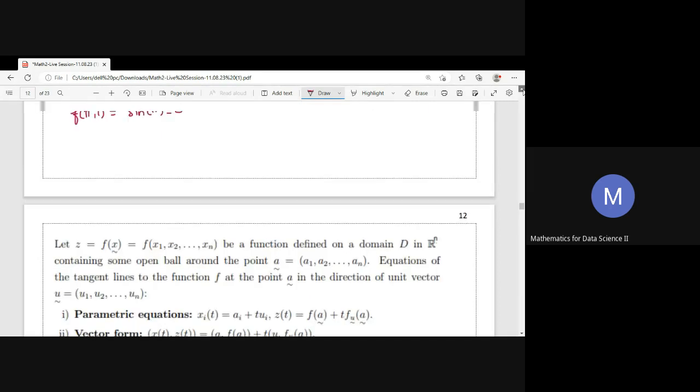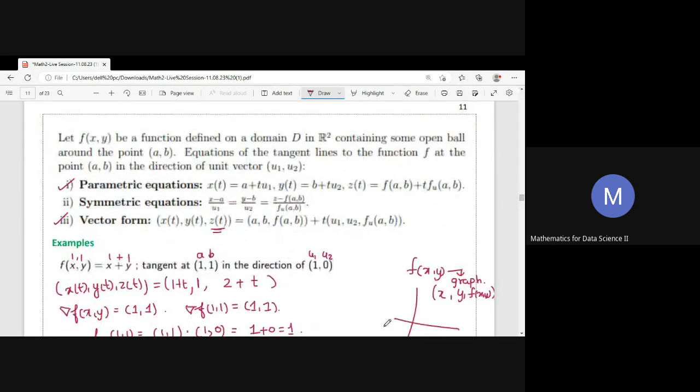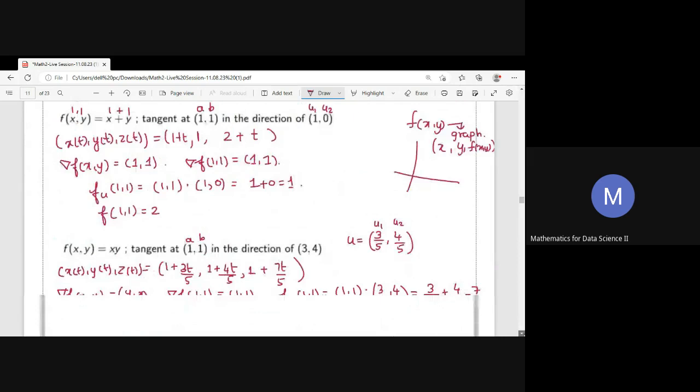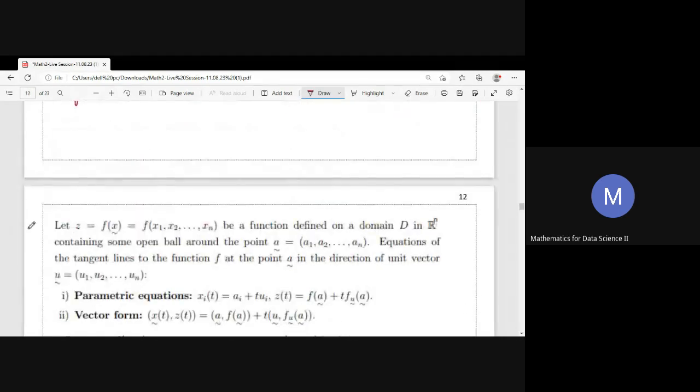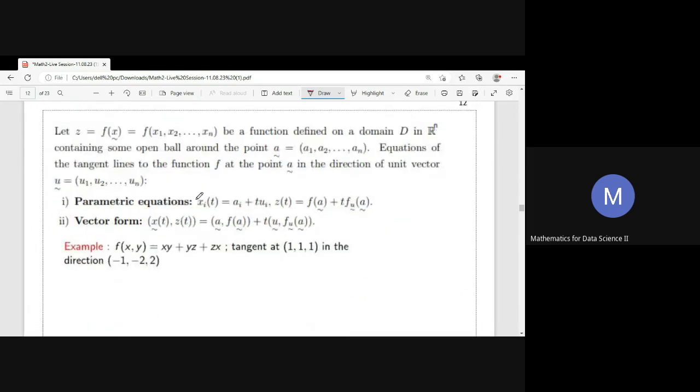So whatever we have seen is for functions of two variables. The same can be extended for functions of n variables also. Suppose you are having a function of n variables, the same kind of parametric equation happens. So you have x1, x2, up to xn, and then the last one is your z.